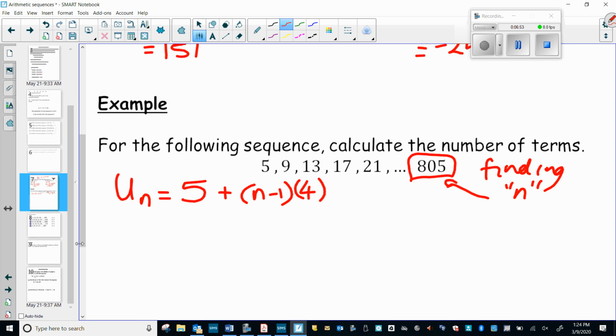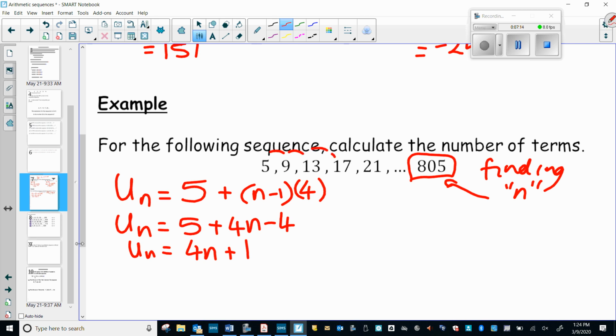So we've got un is 5 plus 4n minus 4. So that's 4n plus 1. You all happy with that? Yes, expanding my brackets. You could have equally got that by finding the difference and the term. So we've got our expression for that.